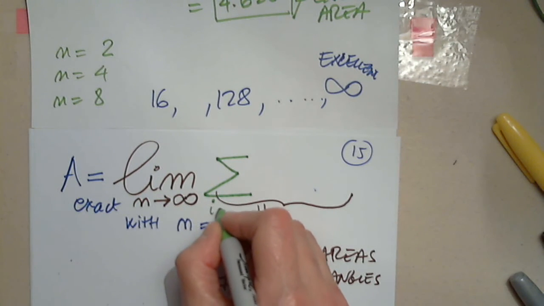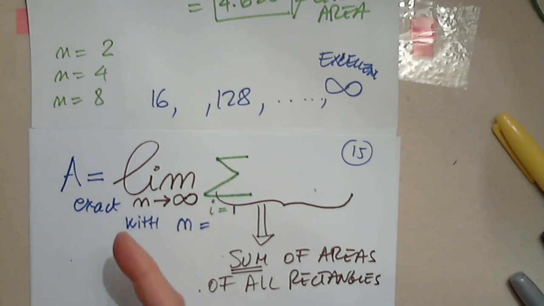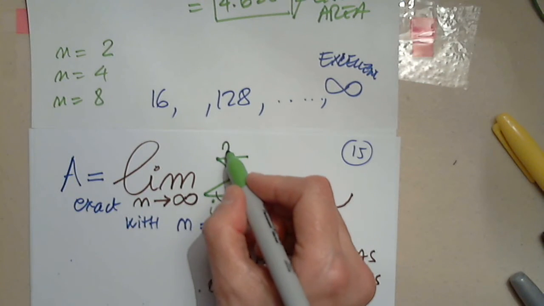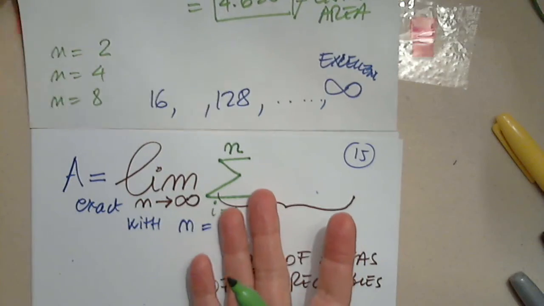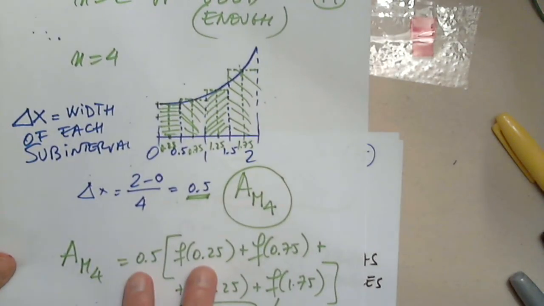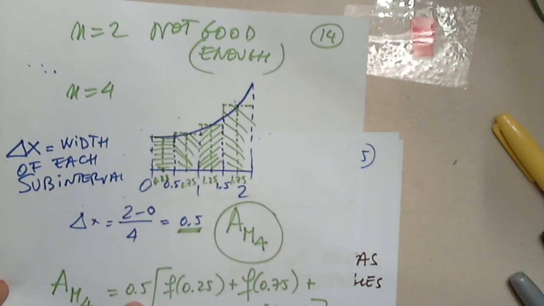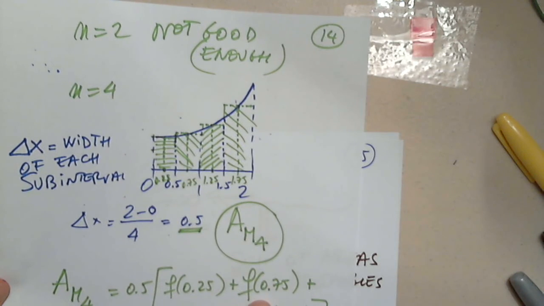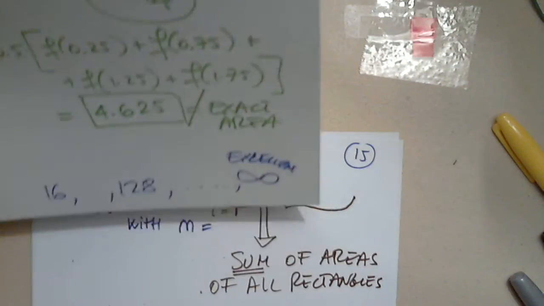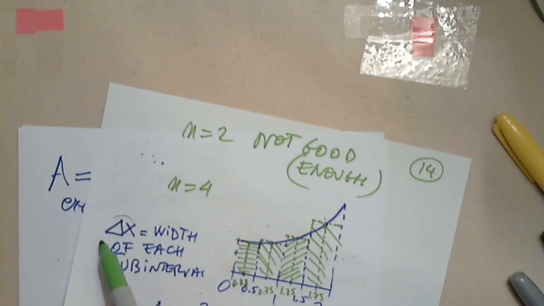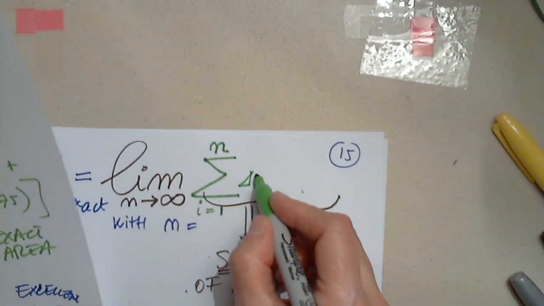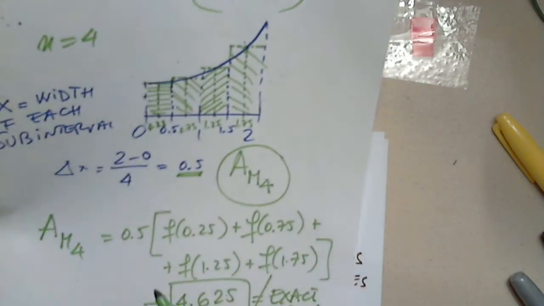From i being the first subinterval till the last one, what are we summing up? We're summing up areas of rectangles. Base times height, plus base times height, plus base times height, plus base times height. So this is the base, we call it delta x, times, this is delta x.